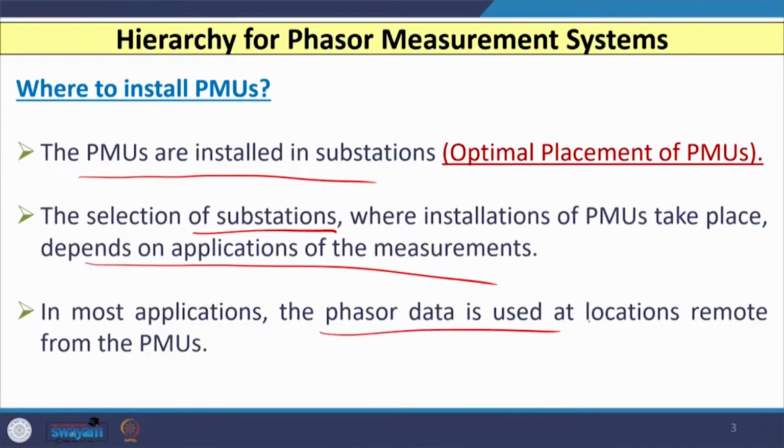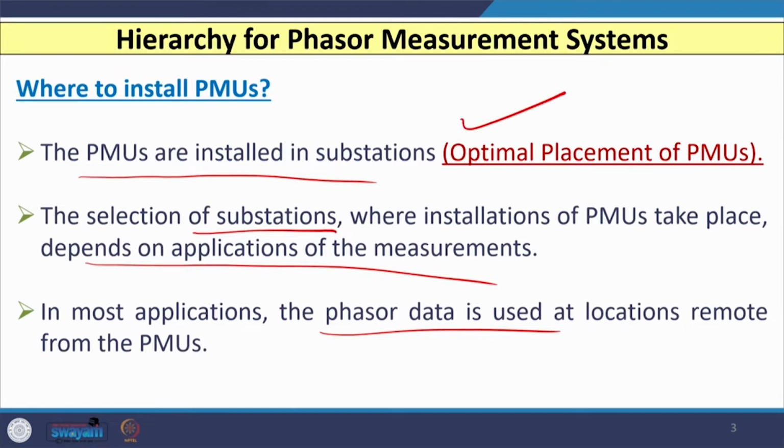So, it depends on the application, and in most applications the phasor data is used at locations remote from the PMUs. So, we will go for the algorithm which is widely known as optimal placement of PMUs.